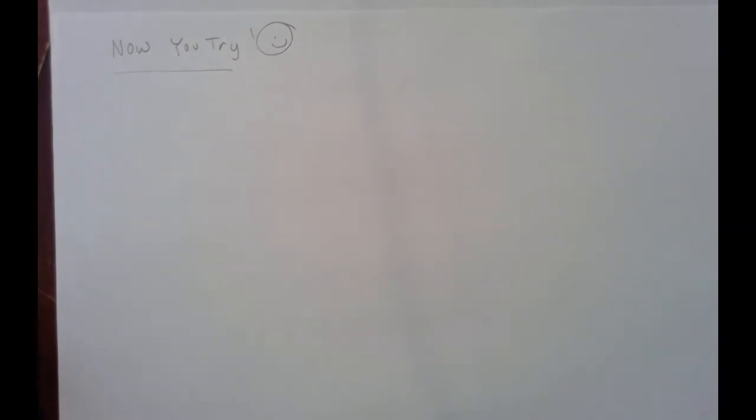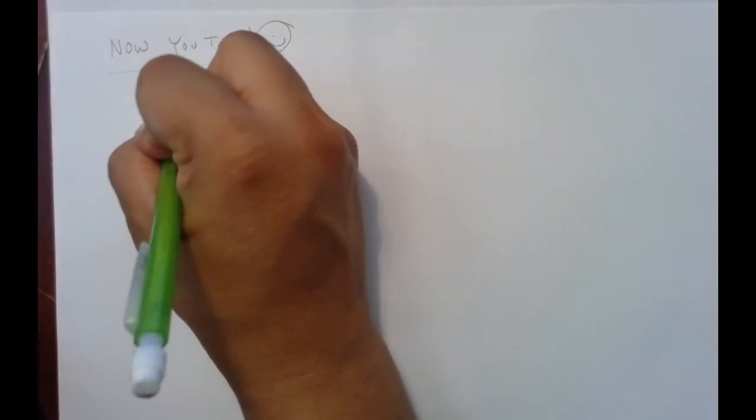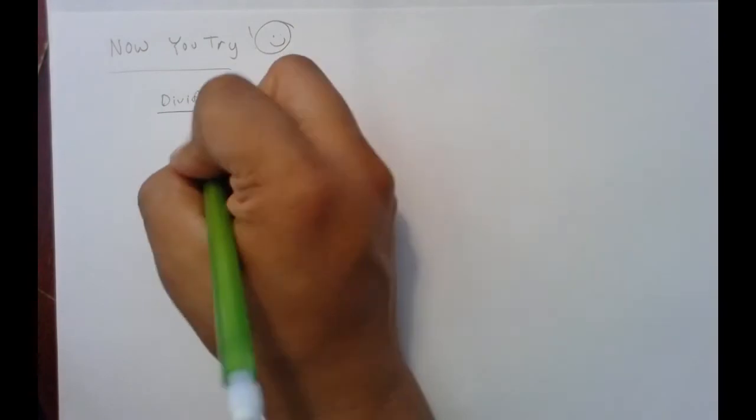All right, so now you try. Okay, and since I'm not physically in front of you, I can't sit and stare and watch you while you try. So honor system is that you are going to pause this video. Okay, you're going to pause this and you're going to try these first, before you see me work them out.